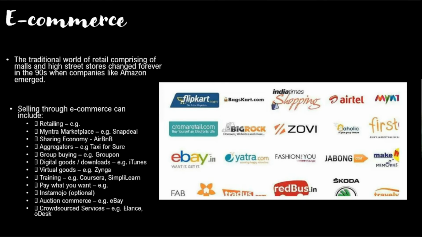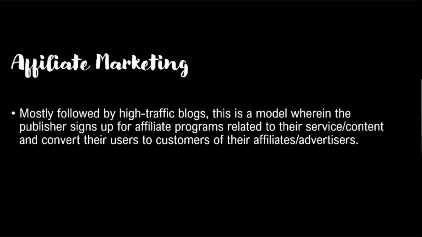Then we also have Pay What You Want, like Instamojo, auction commerce like eBay, crowdsourced services like e-Lance or oDesk. Then we also have affiliate marketing, mostly followed by high traffic blogs.